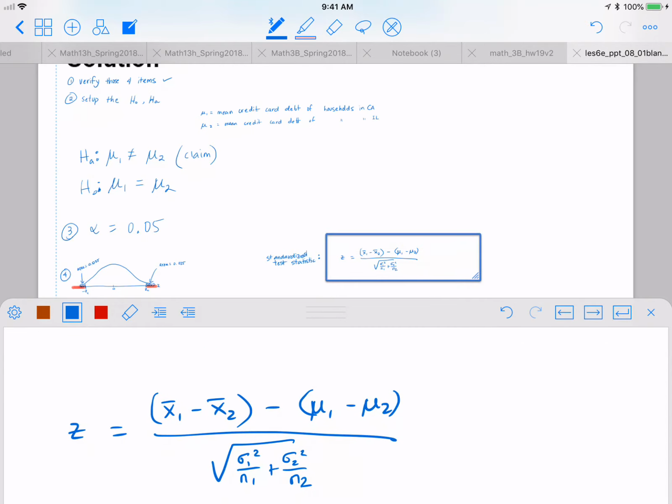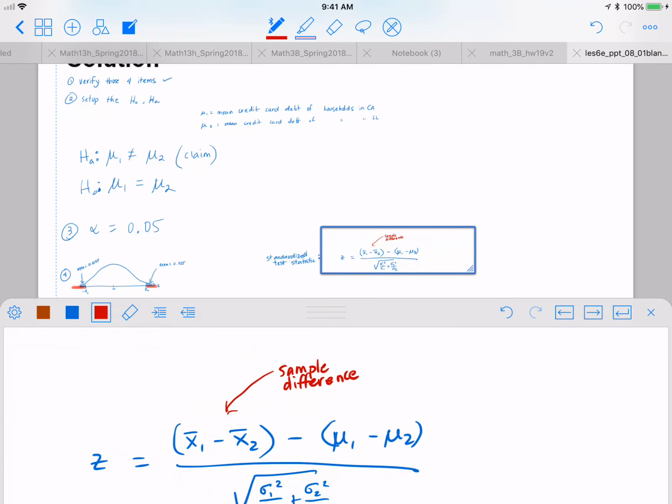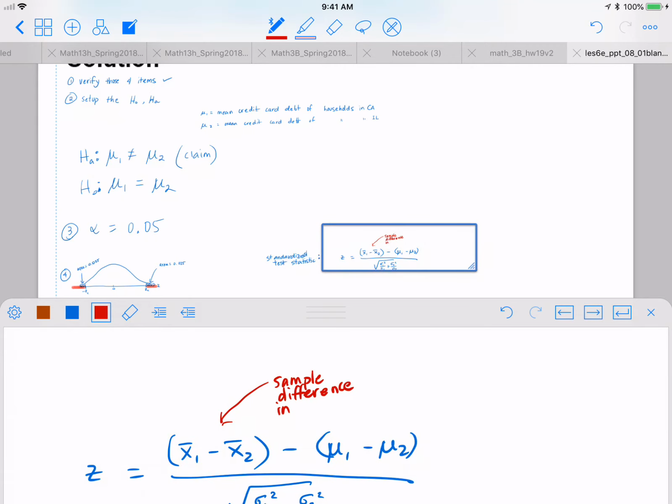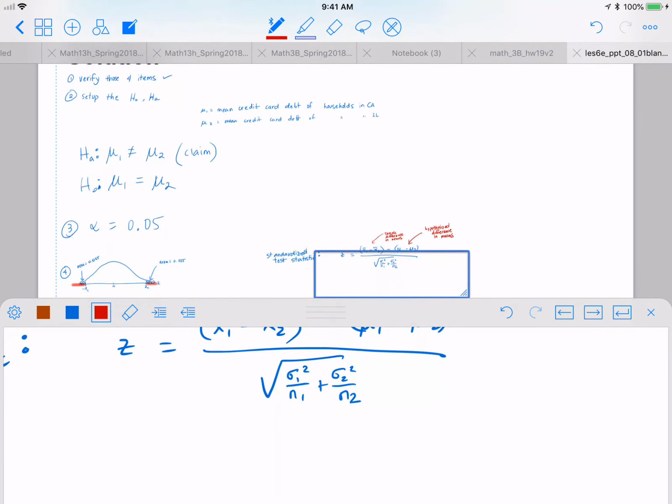This is my sample difference in means. This is my hypothesized difference in means. And this is my standard error of the sampling distribution of difference in means.